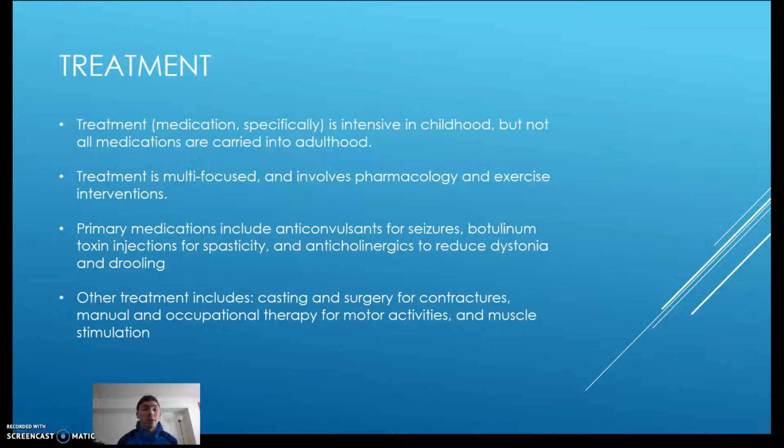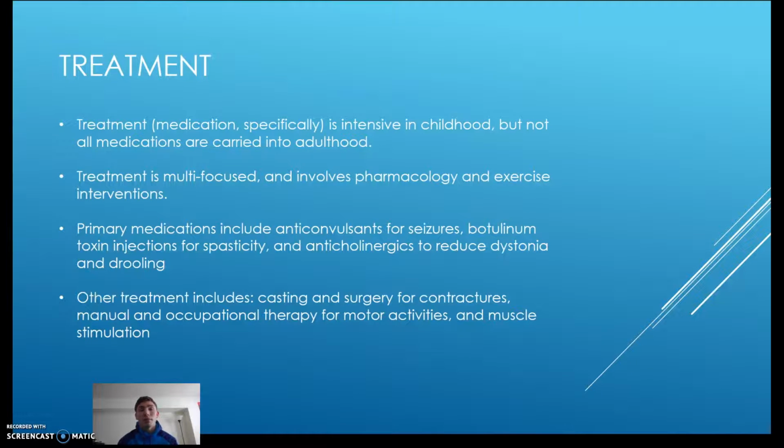So looking back at the treatment, as I mentioned earlier, it's very intensive in childhood, and a lot of things are carried over into adulthood, but not all medications are. Treatment is multi-focused, of course, and involves drug therapy and exercise interventions heavily.